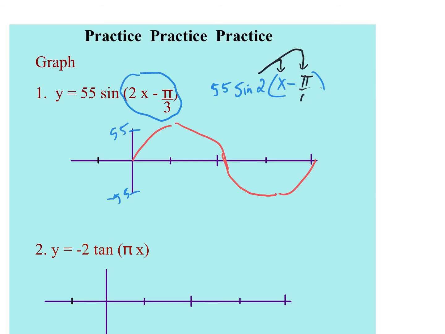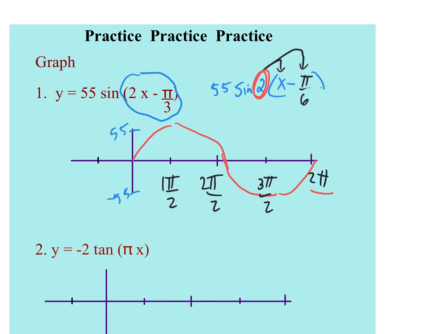how far is pi over 6? Well, first off, you would have labeled these with regular 2 pi, pi over 2. And then I like to back it up and go 1 pi over 2, 2 pi over 2, 3 pi over 2, and 2 pi, which is the same as 4 pi over 2. And then I renumber it because of this 2 here.